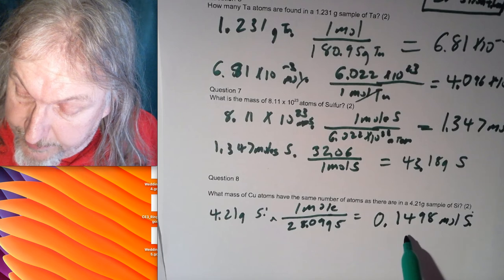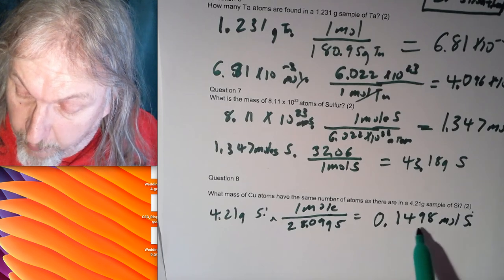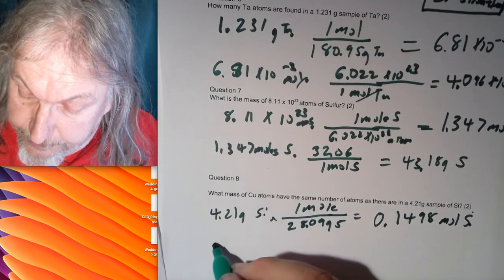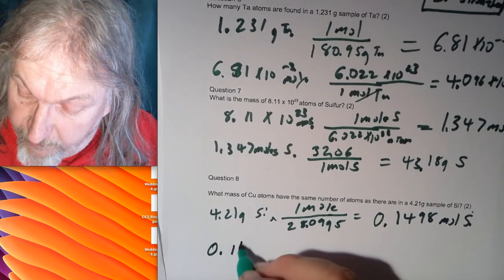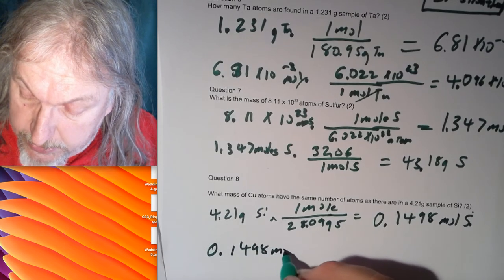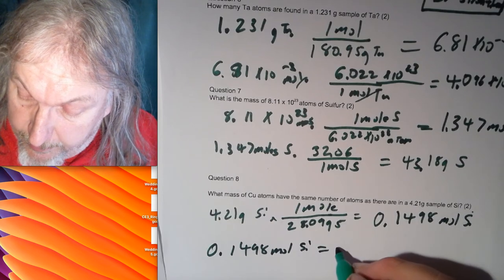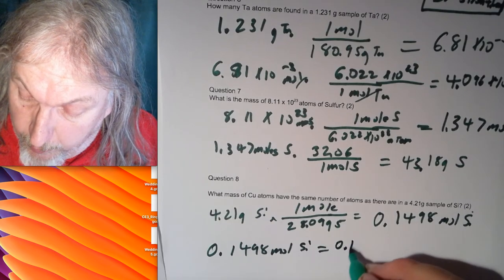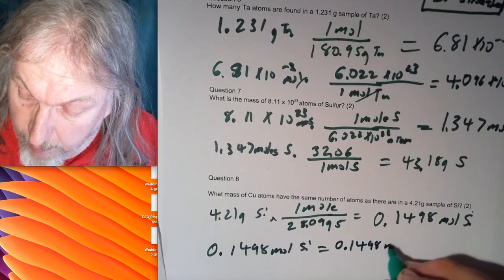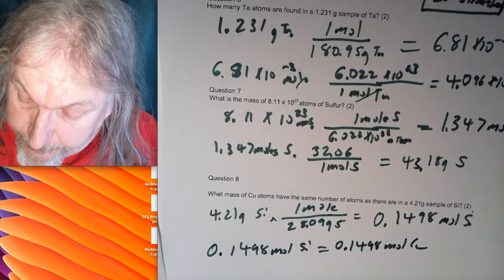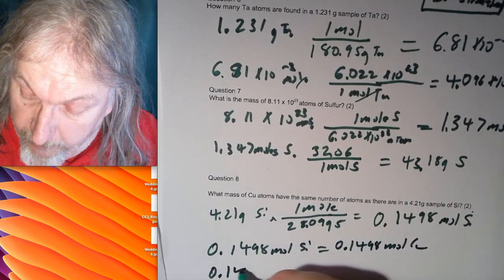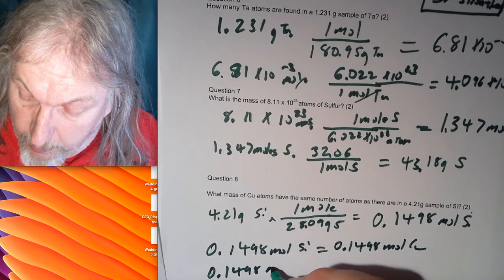Same number of atoms. So if I've got 0.1498 moles of silicon, okay, the same number of atoms is going to be 0.1498 moles of copper. So I have 0.1498 moles of copper.